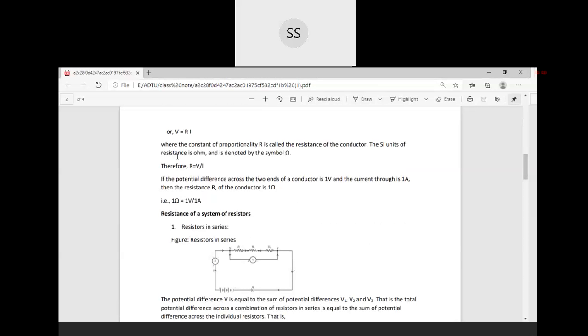If in an electric circuit V is the potential difference and the current produced is I, then the resistance of the circuit will be R, R equal to V divided by I. This is the definition of resistance. Resistance is actually the constant, which we call the constant of proportionality here. So R equal to V divided by I.